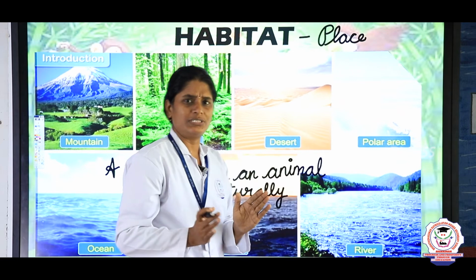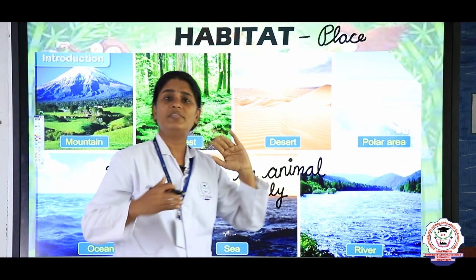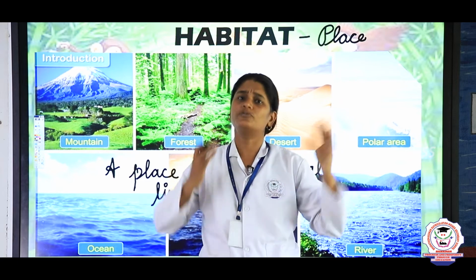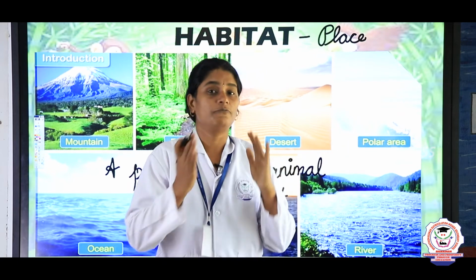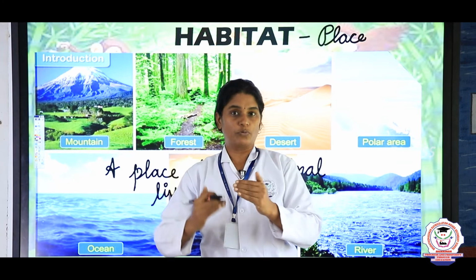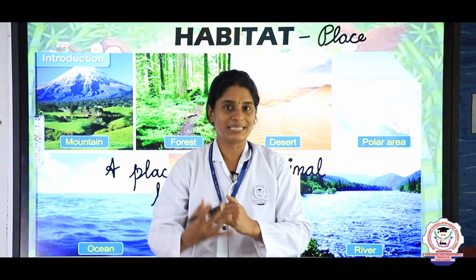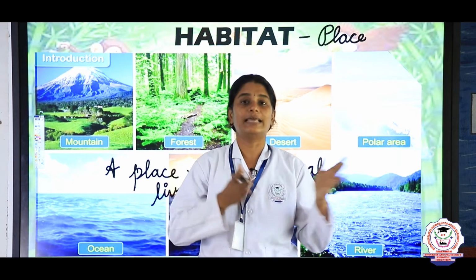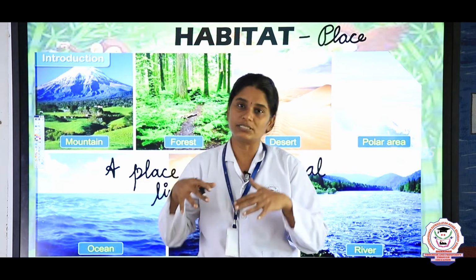Now we are going to see that in this habitat there are many places. In this earth, the earth comprises many habitats, right. We are going to see the types of habitat first, because before knowing about the animal's habitat, you should know the types of places, the types of habitat where the animals live, right.